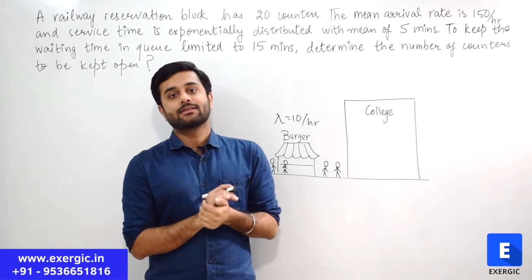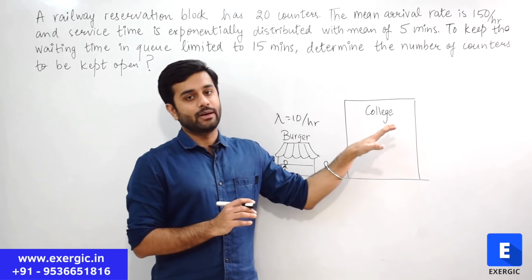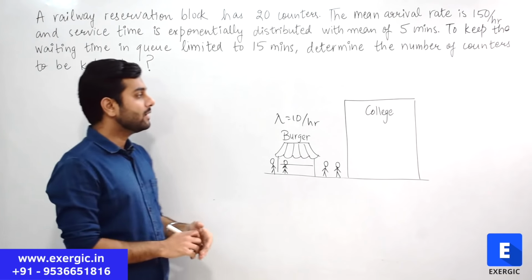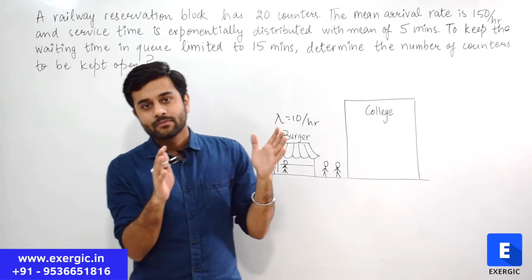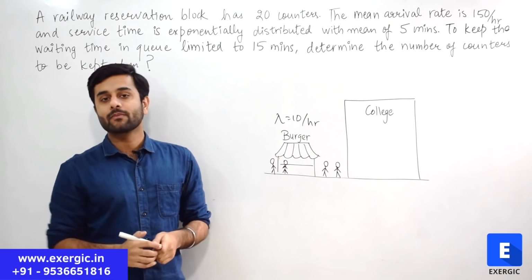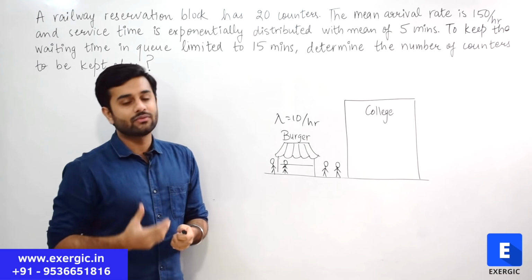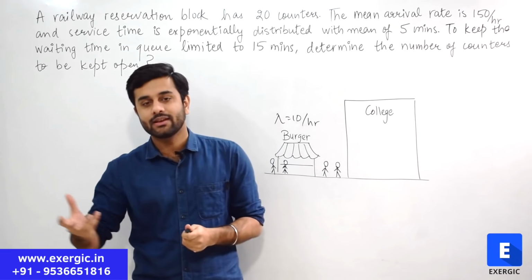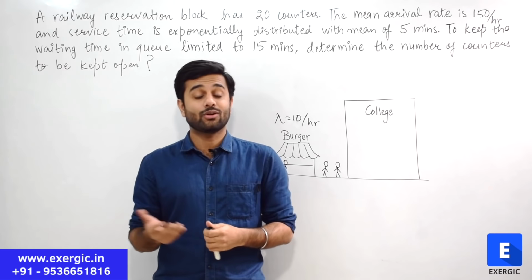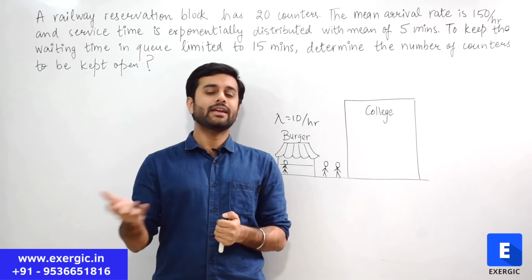Consider that there is a college building. This is a separate case from the given question. Suppose there is a college building and there is a burger stall nearby. The students of the college, when they feel a need or want to eat burgers, eat the burgers.